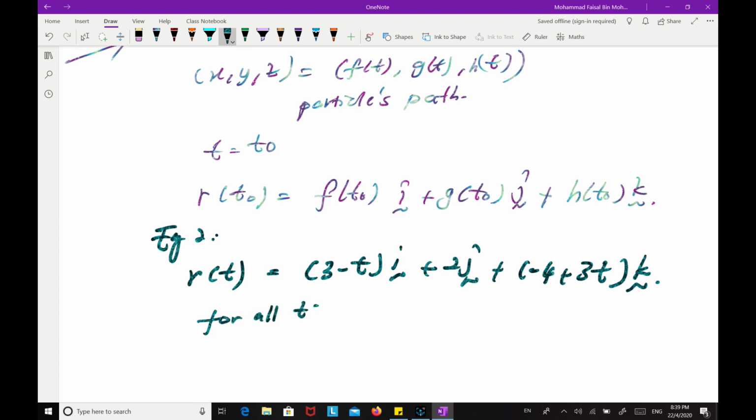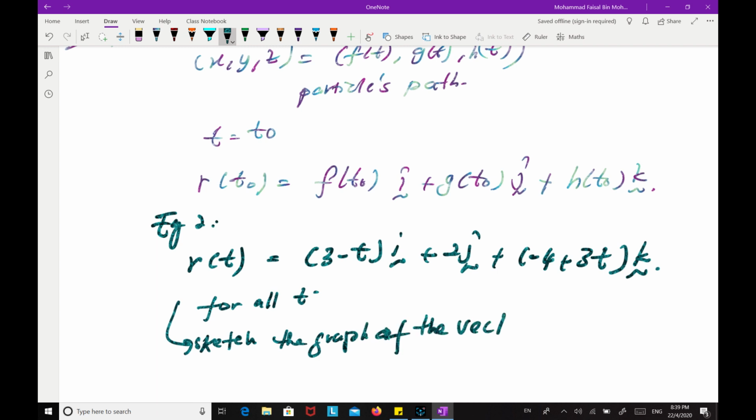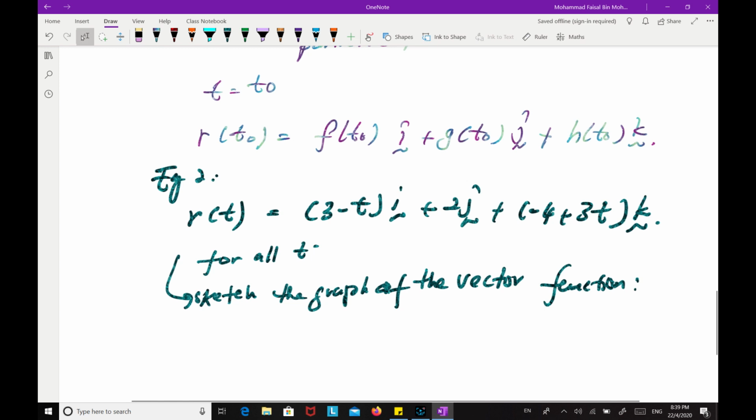They ask you to sketch the graph of the vector function. So, the solution.